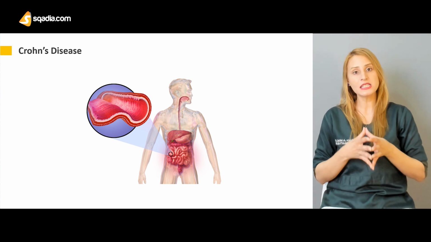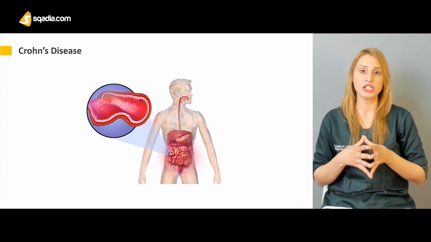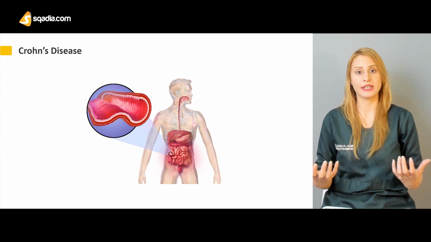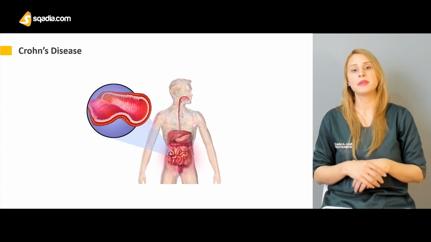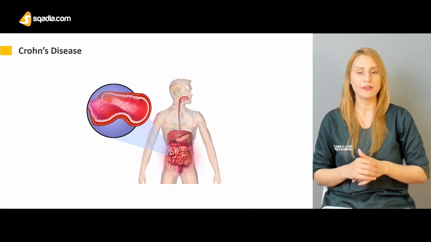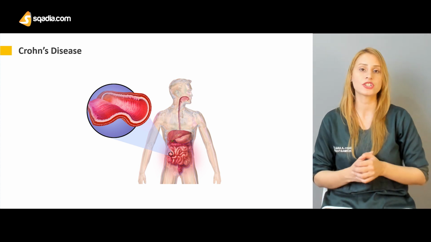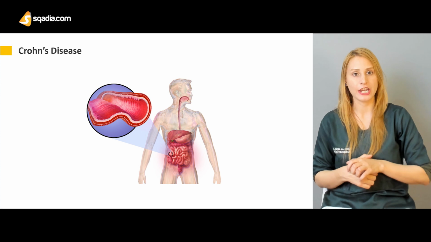Because of the recurrent infection and inflammation, there is a lot of fibrotic thickening, and because of that, there is luminal narrowing. Because of this luminal narrowing, the patient may end up with acute intestinal obstruction, or the patient can have perforation.